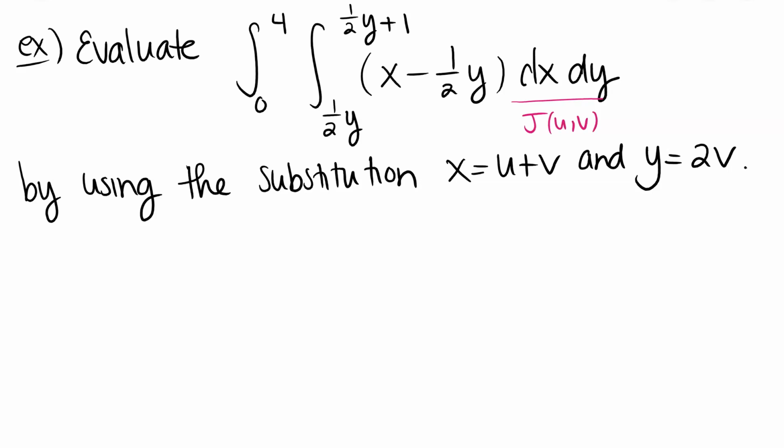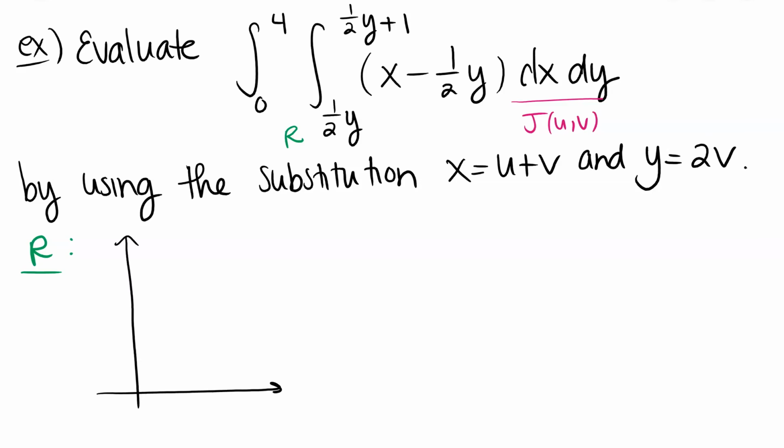And I have to figure out how I'm going to change these bounds, because right now they're in the xy plane, and we want to see the corresponding region in the uv plane. It's going to be okay, I promise. So let's look at what R is bounded by.